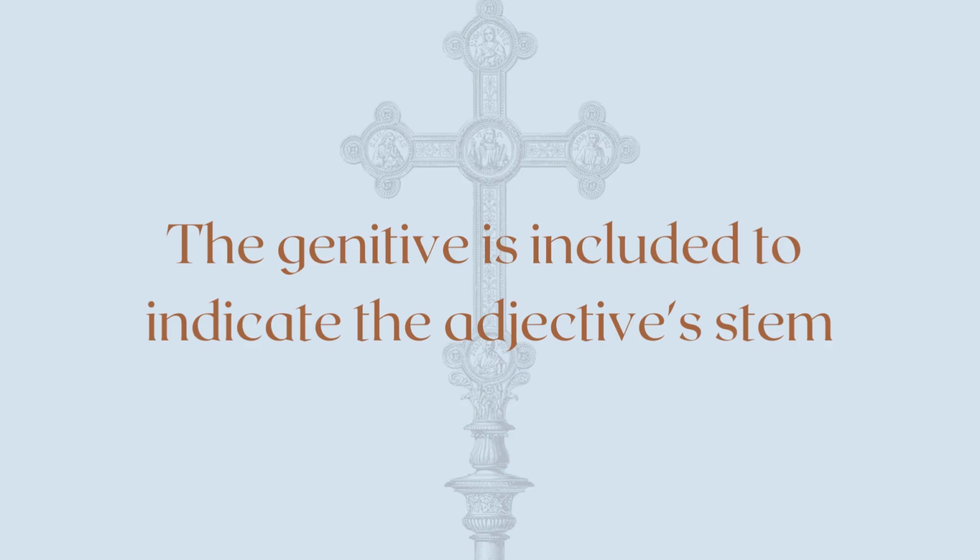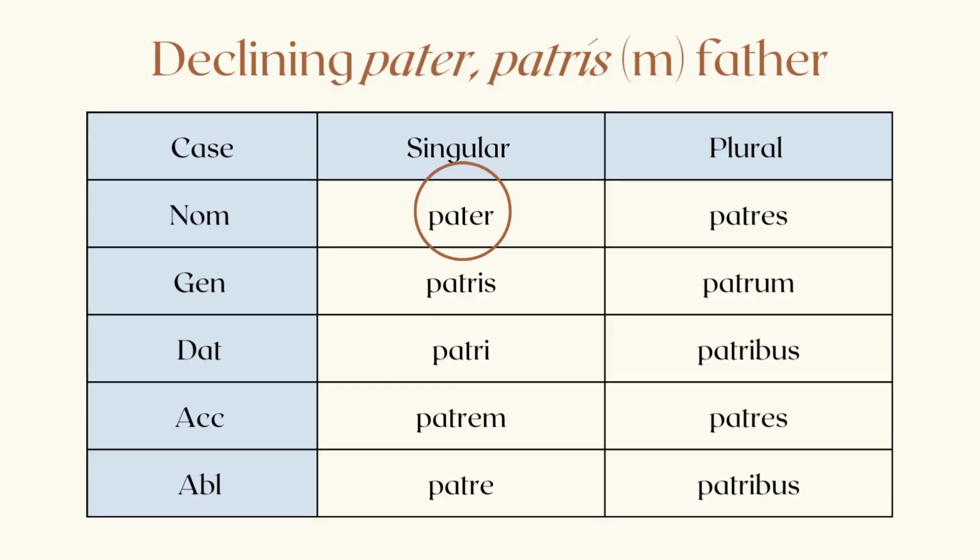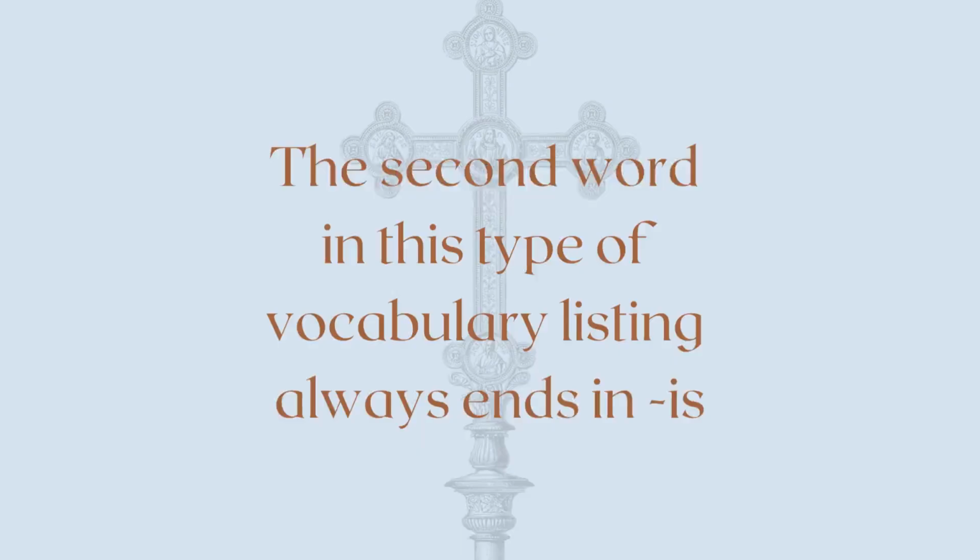As you know, the stem doesn't always show up in the nominative singular form, and we saw that earlier with pater, patris, father. The stem wasn't clear in the nominative singular form. You'll find that the second word in this type of vocabulary listing always ends in is, and that's because these adjectives are in the pattern of third declension nouns.